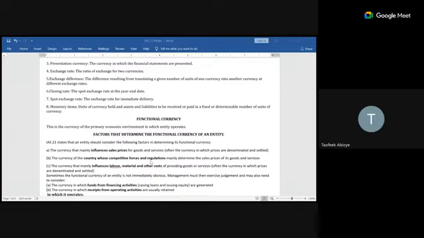If you want to raise a loan or equity to finance your business, it will be in your functional currency.